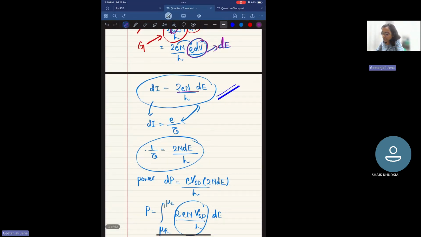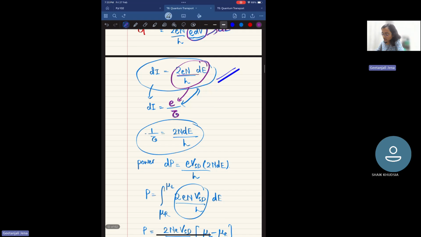Current you can also write as dq by dt, where dq is the charge e and dt is the time required to go from source to drain. If you equate, with e by tau, we get 1 by tau is 2n dE by h.